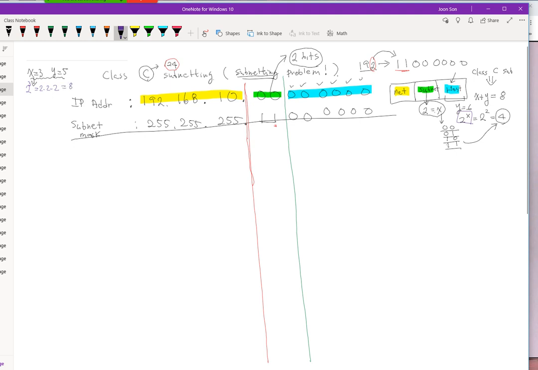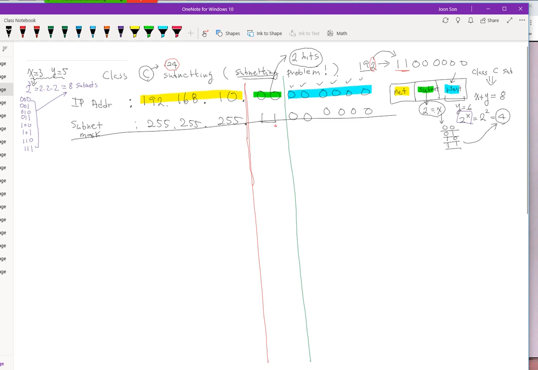So 8 subnets. Why? Because with 3 bits, 000, 001, 010, 011, 100, 101, 110, and 111. How many of them? 8 of them. So that's why we can have 8 subnets.